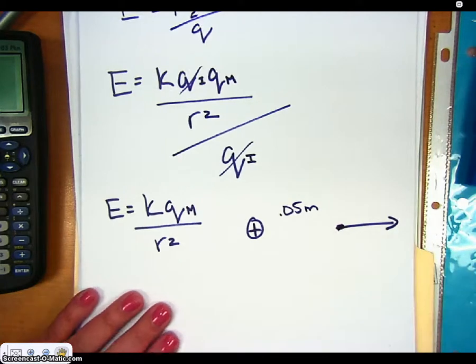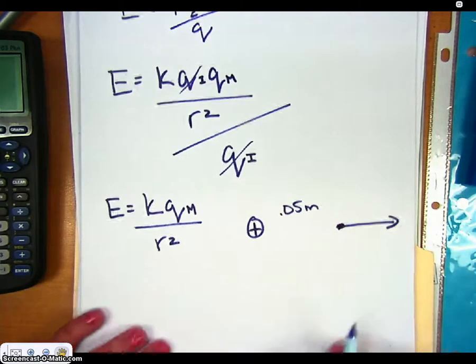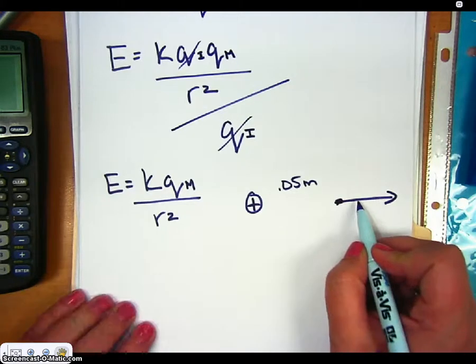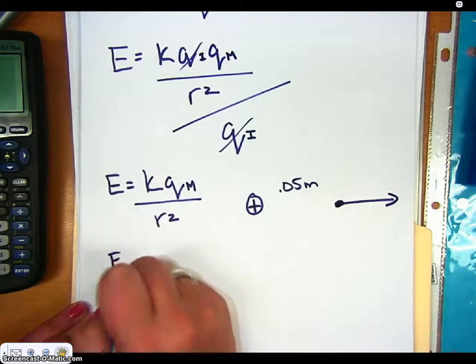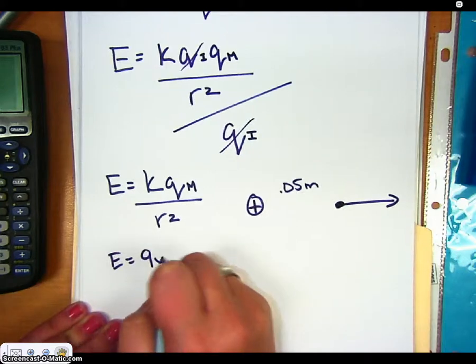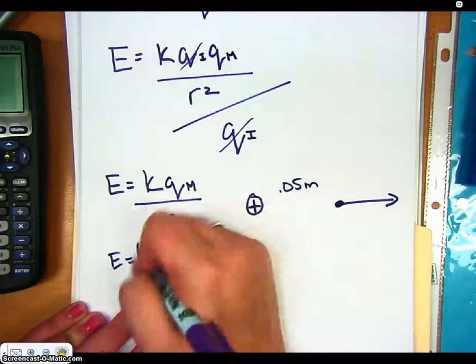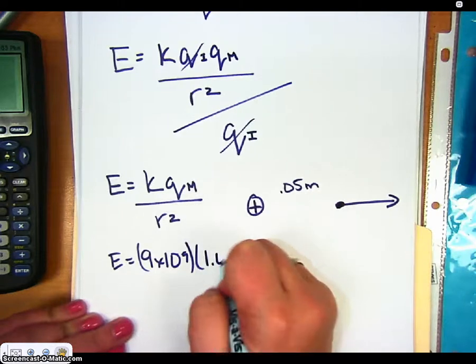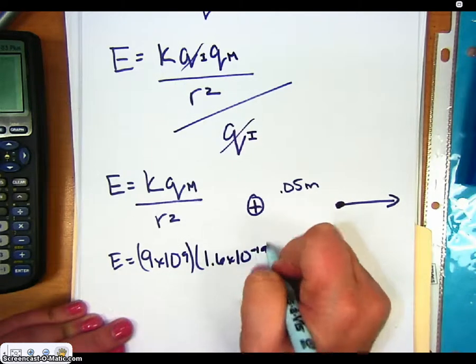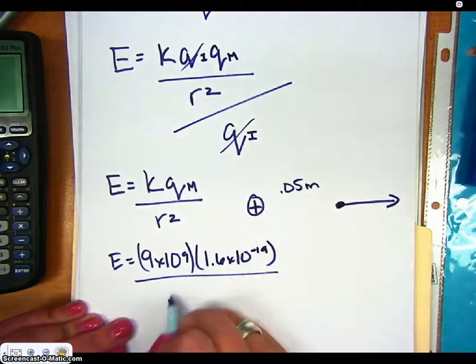So it would be pointing away from the positive. Now let's figure out the magnitude of this at this position. So we just say E is equal to K, which is 9 times 10 to the 9th, and then Q, which is, it's a proton, so 1.6 times 10 to the negative 19th, all over R squared.